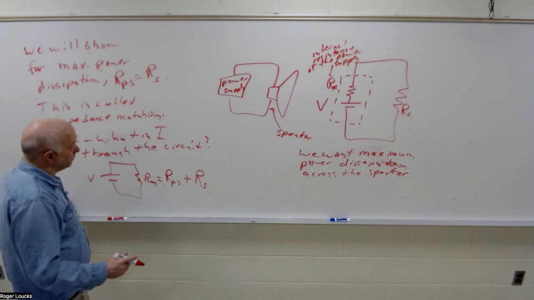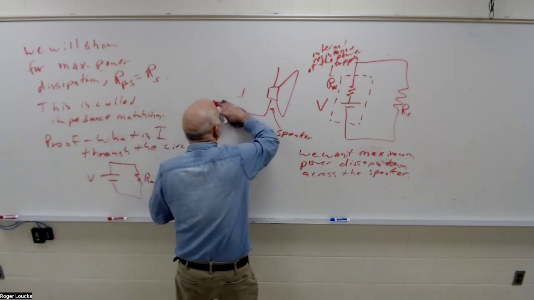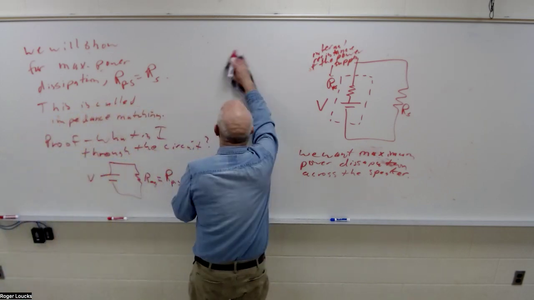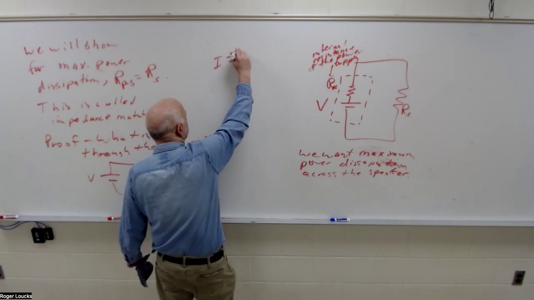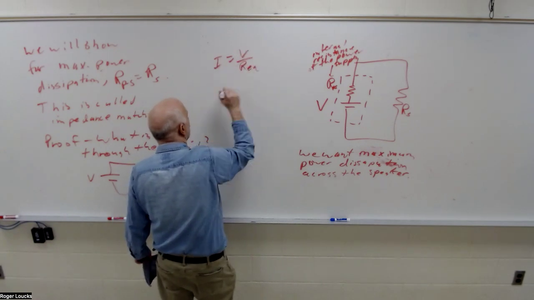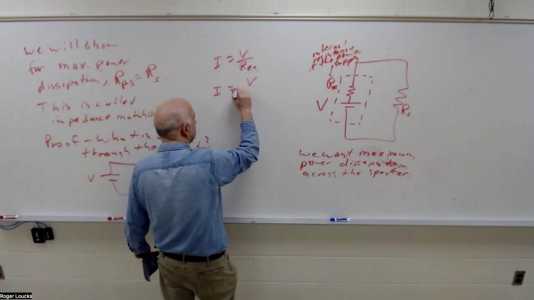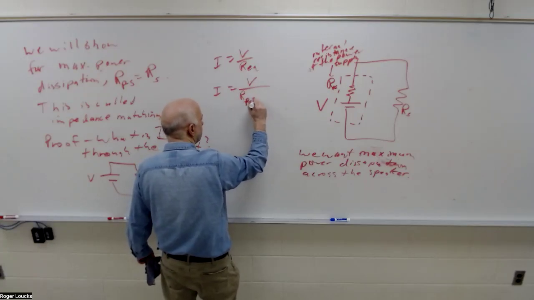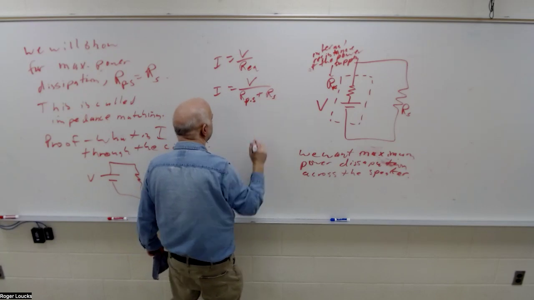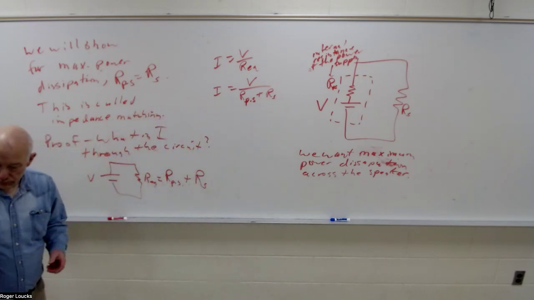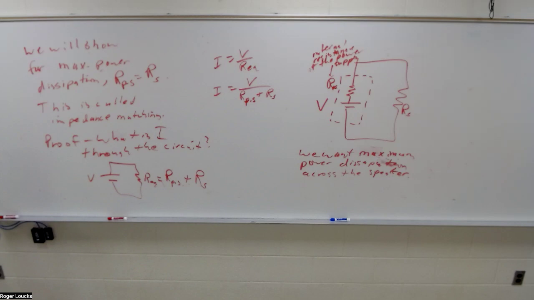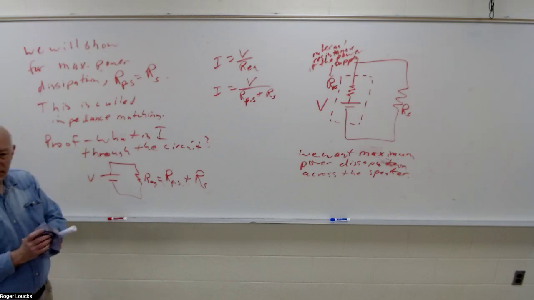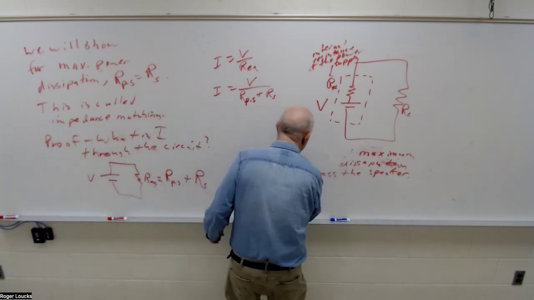So if I want the current going through here, it's going to have to be V over R equivalent, or the current is going to have to equal V over R of the power supply plus R of the speaker. Okay, well, what has to be the power dissipated by the speaker?